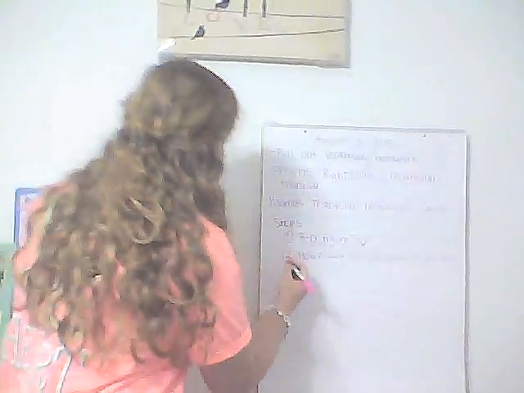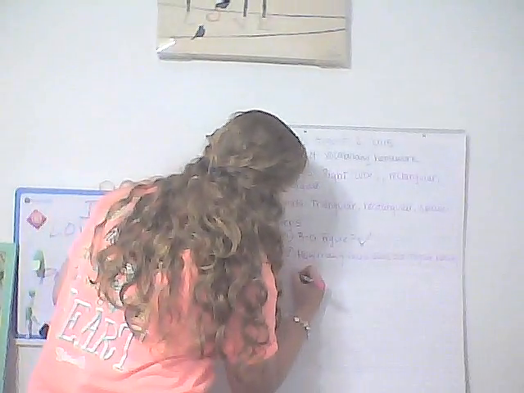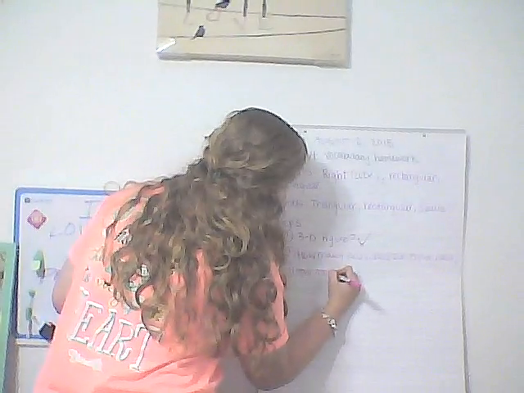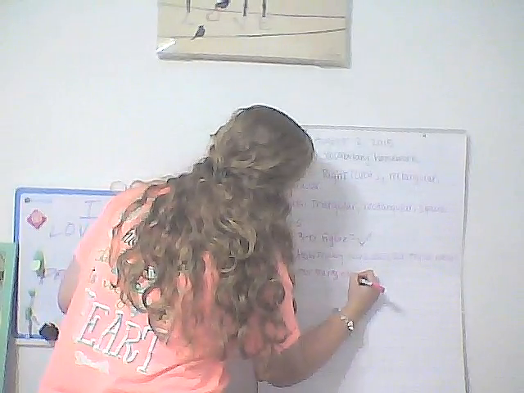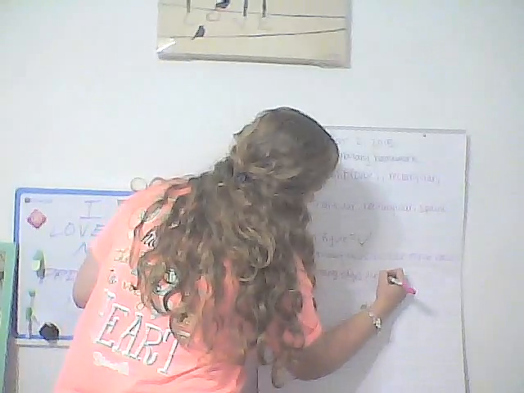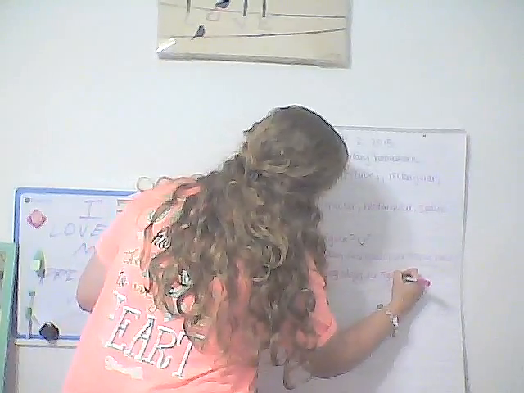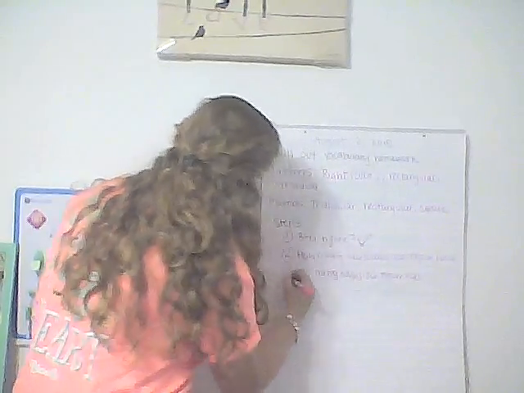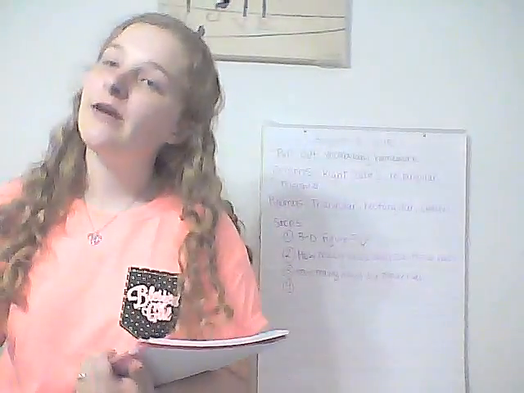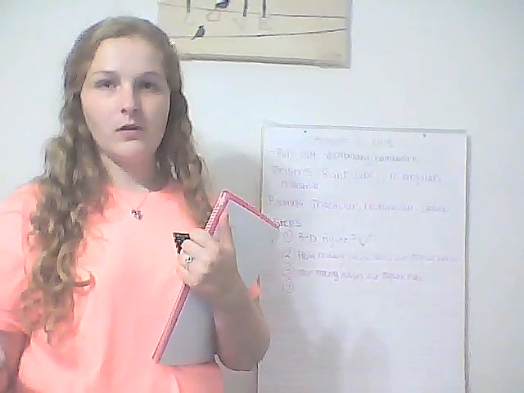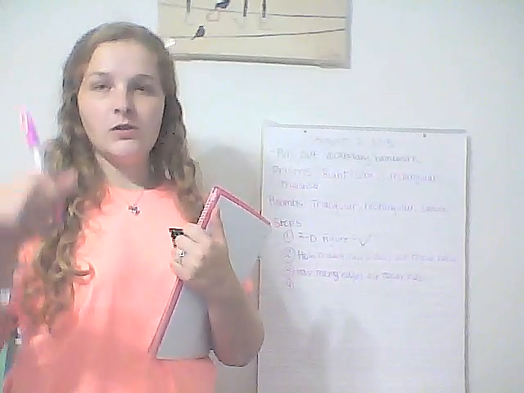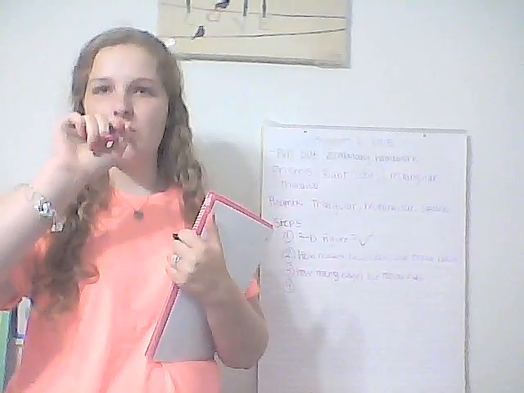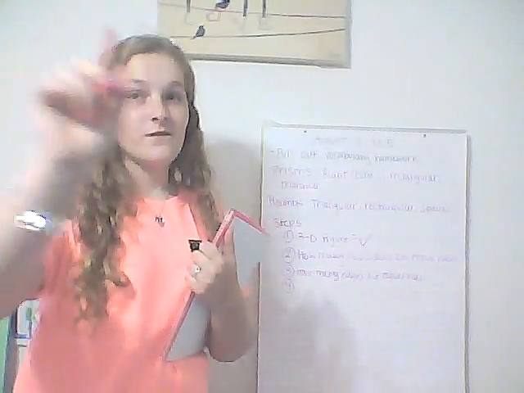Next step, step 3, we're going to figure out how many edges our figure has. Step 4, can anybody guess what else we need to figure out? Tom, you say corners. What's our vocabulary word that means corners? Vertices.